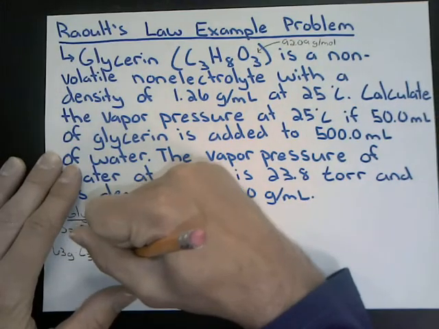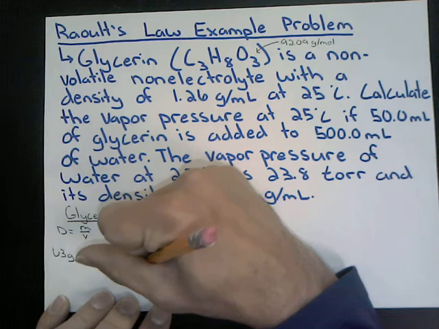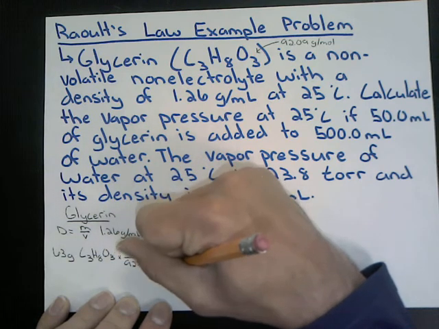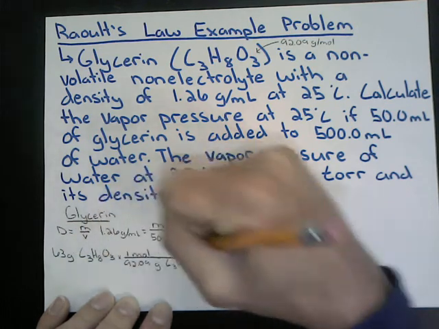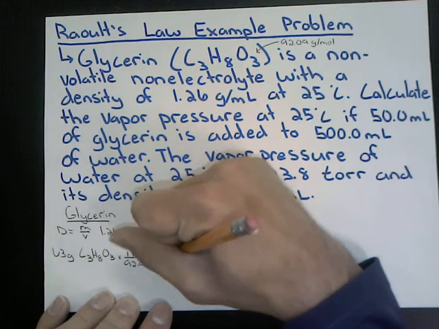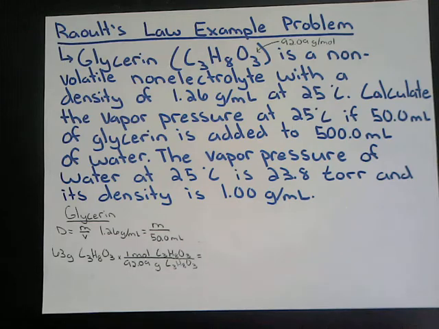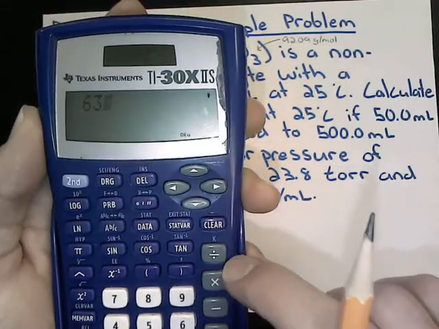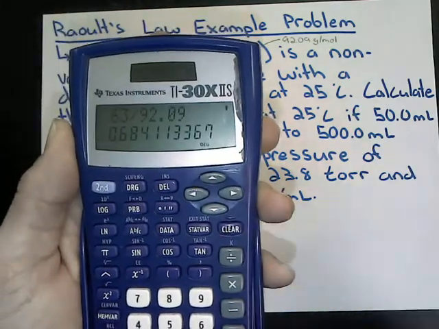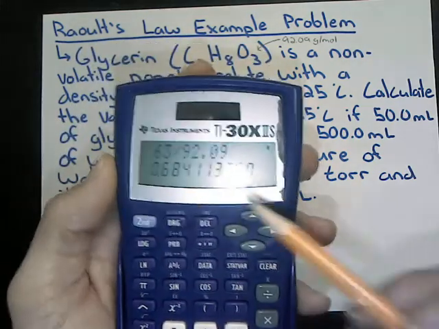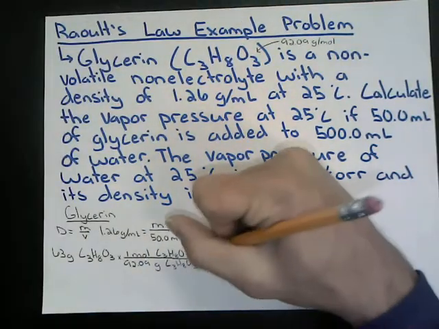So when I set up my conversion, I have 92.09 grams of glycerin for every 1 mole of glycerin, so 1 mole goes on top. In my calculator I take 63 divided by 92.09. I press enter, and I can round to 3 significant digits, so I'm going to round to 0.684 moles of glycerin.